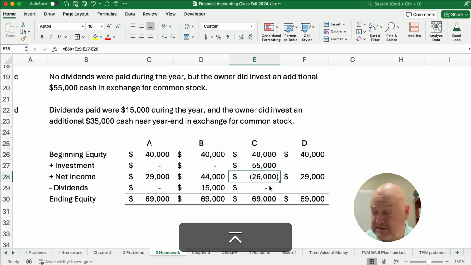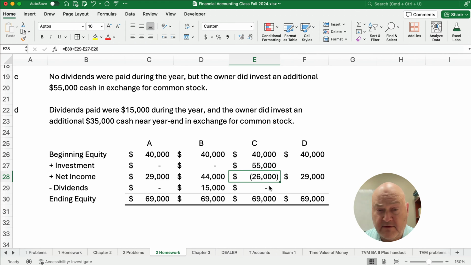So if we started with 40 plus 55, we must have a net loss of 26 because we didn't pay any dividends to make the ending equity 69,000. Once we start with 40 and we put in 55 more, we're at 95. Well, how did it get to 69,000? We must have a loss of 26,000.